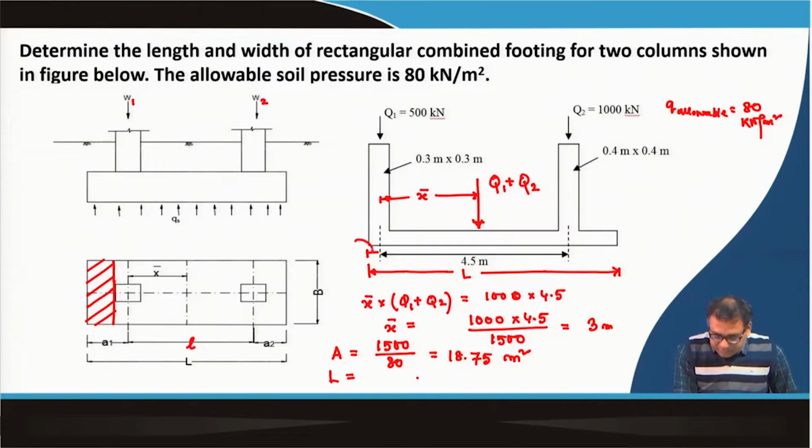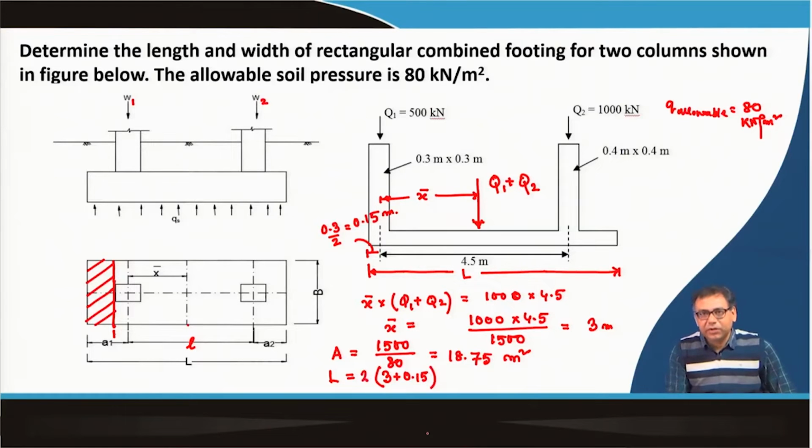So, this will be 0.3 divided by 2, your 0.15 meter. From this edge up to this center, this distance will be 3 plus 0.15, into 2, because we are taking this as the center of this foundation. So, this will be 2 into 3.15.